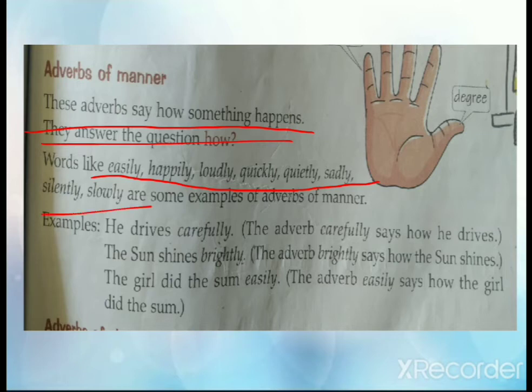Silently, slowly. She came slowly. How did she come? Slowly. So you're getting the answer of the question how. When you get the answer of the question how, it will be an adverb of manner. He drives carefully.